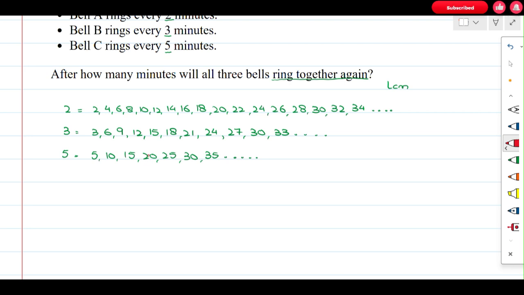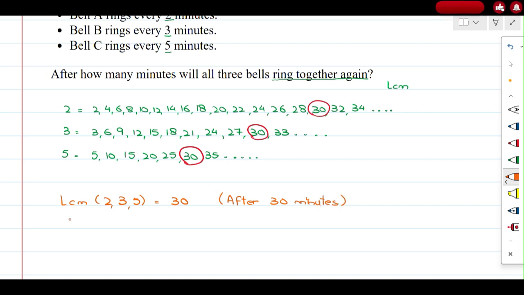So the common multiple of all three numbers is 30. 30 is the least common multiple of all three numbers. So we can say the LCM of 2, 3 and 5 is 30. So after 30 minutes all three bells ring together.